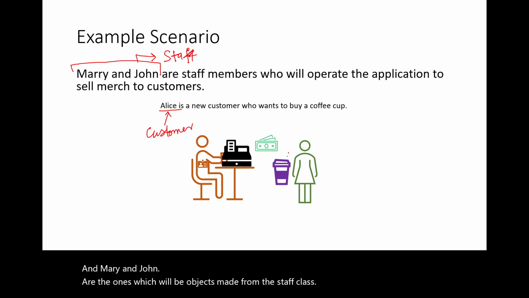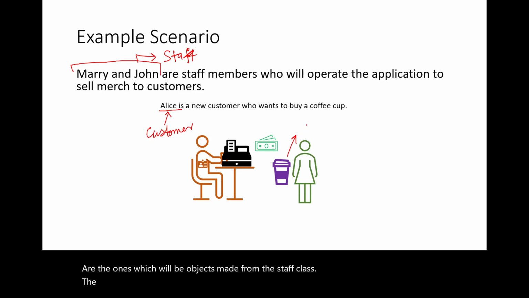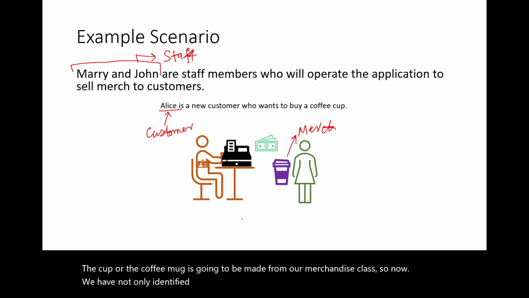And the cup or the coffee mug is going to be made from our merchandise class. So now we have not only identified the blueprints or the classes that we are going to be making, but we've also identified a use case scenario and created objects.